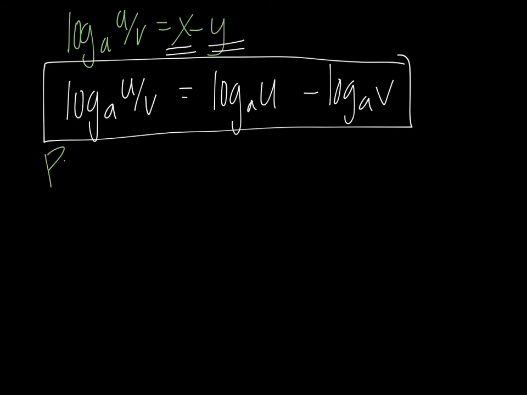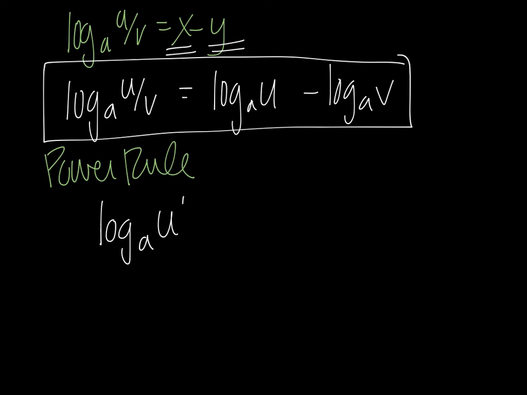And let's do it one more time with the power rule, or the power property. Here's what I have: log base a of u to the n power. All right, well, let's plug in what we know about u. We've already stated that u is equal to a to the x power. So notice all I've done is replace u with a to the x.